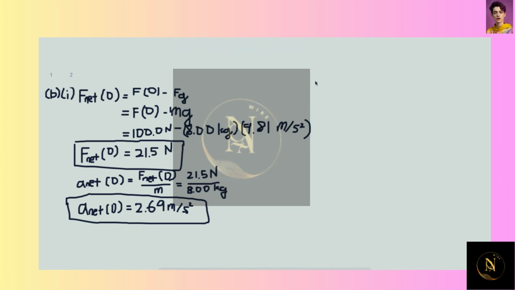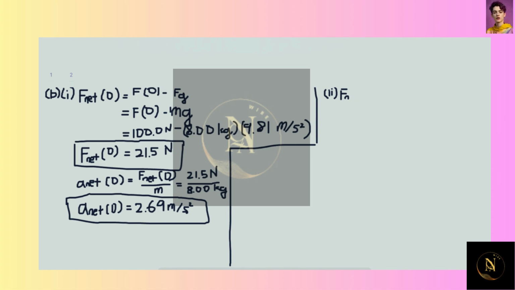So let's go ahead and draw ourselves an imaginary barrier, and then continue with Roman numeral 2. And in this part, we want to find the net force after 3 seconds instead of 0. So what that will look like schematically is, sorry, that was terrible.